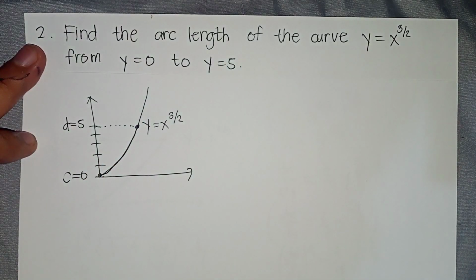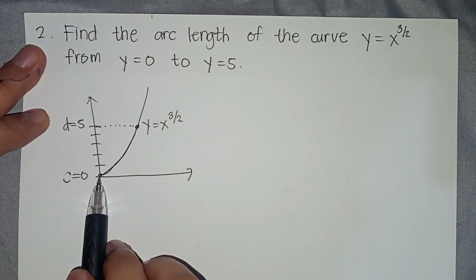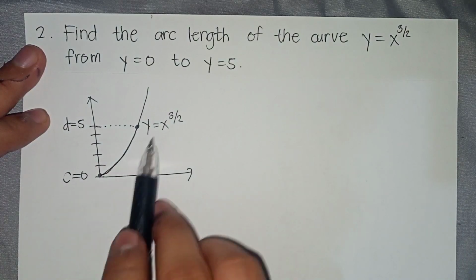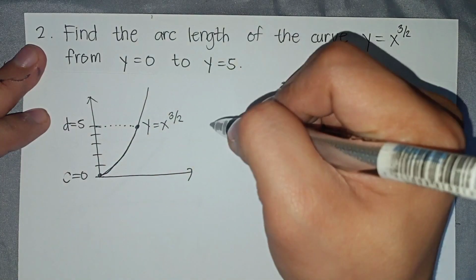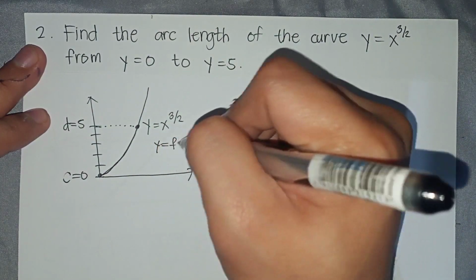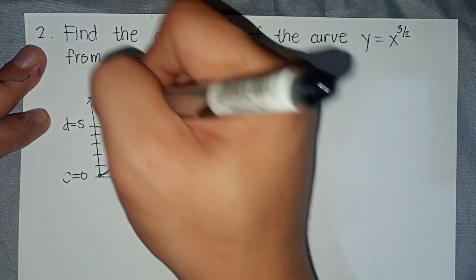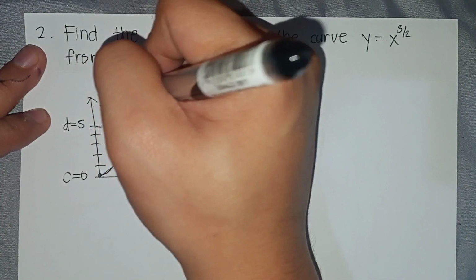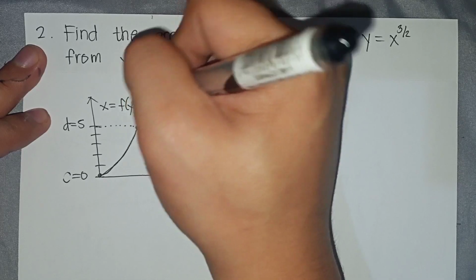Okay? So, ibig sabihin, yung function natin na gagamitin in terms of y. Bakit? Kasi yung interval natin nasa y-axis. So, ibig sabihin, sa halip na y is equal to f of x ang gagamitin natin ay x is equal to f of y.